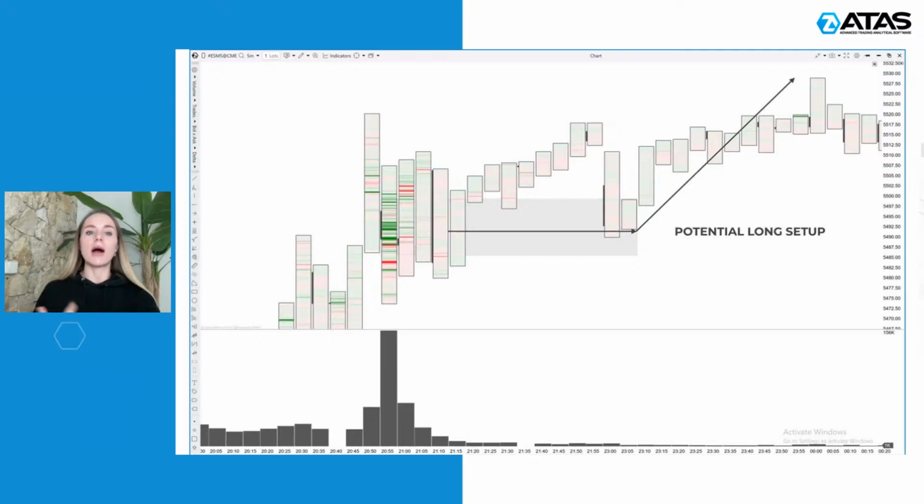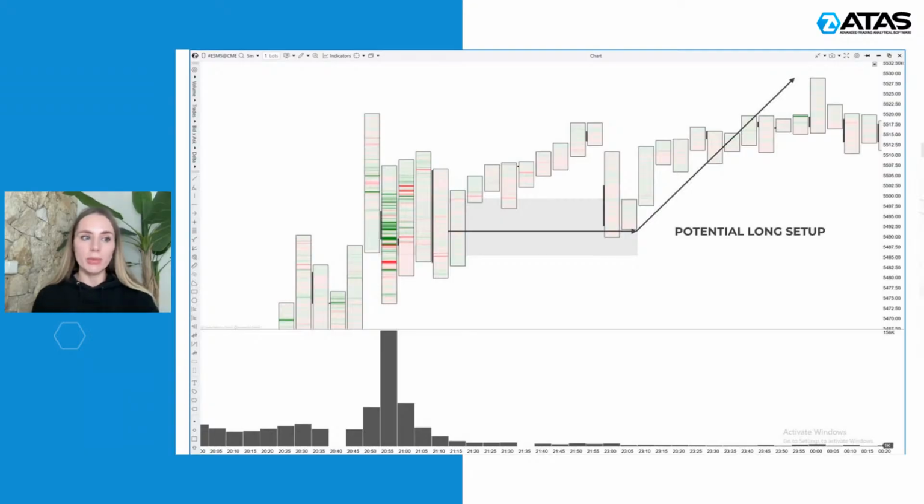Buyers added to their positions at this level. So some big buyers entered lots of positions, pushed the price higher, and now this area becomes an area of support. Next time when the price comes back to this zone, we might consider a long setup, expecting the price to react again from the same zone and expecting the big buyers who entered the market and caused this big volume to protect their long positions.